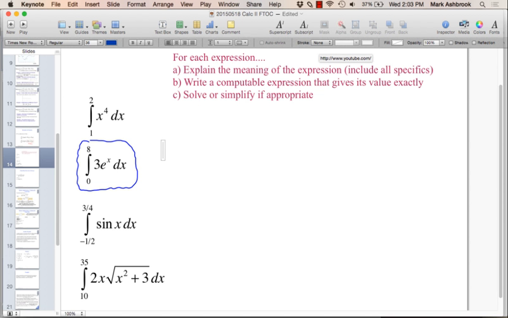So let's say, is the value of what? So that thing in that is the value of what? Who thinks they can explain that well? Yes, sir. All right, so if you took the antiderivative of this function, it would give you a graph, and this would be the change in y on that graph.